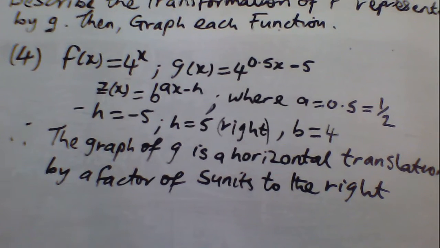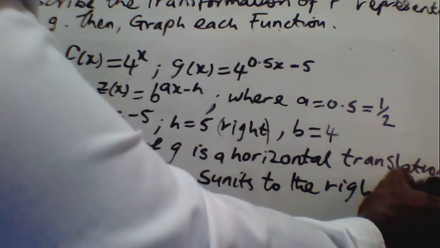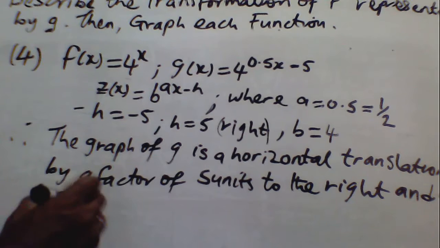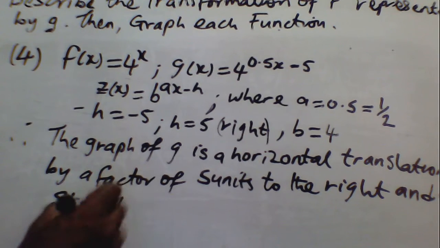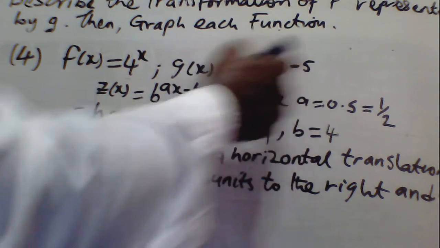Horizontal translation by a factor of 5 units to the right, and a stretch. Why is it a stretch? For horizontal. If you look at this, we are talking of horizontal. Everything here is based on horizontal.